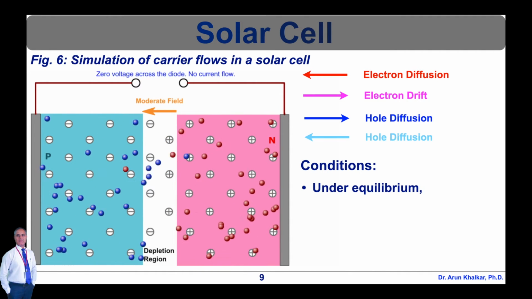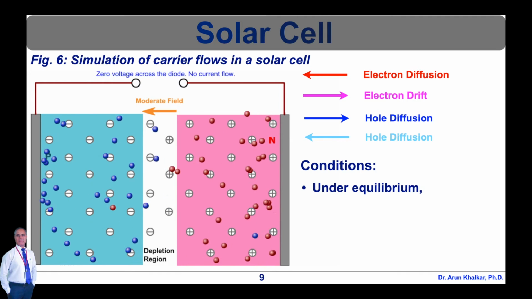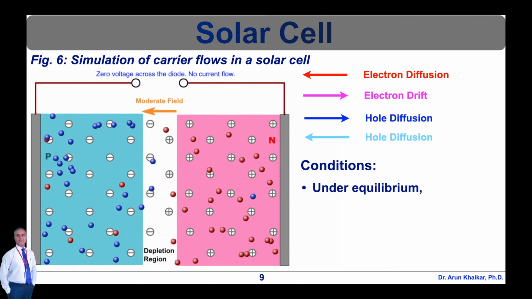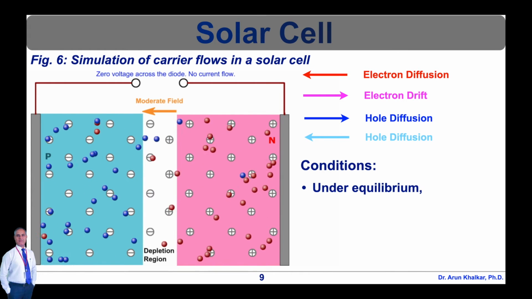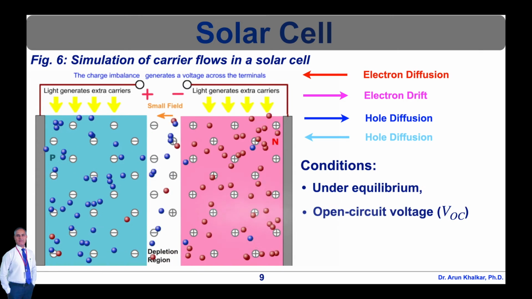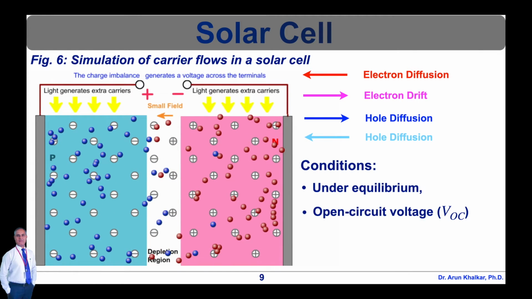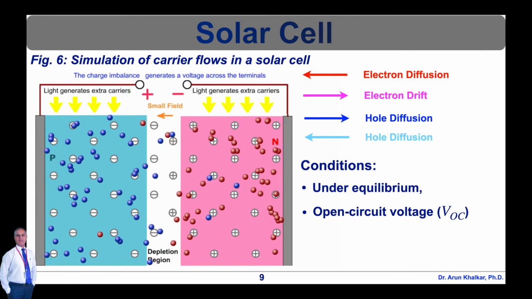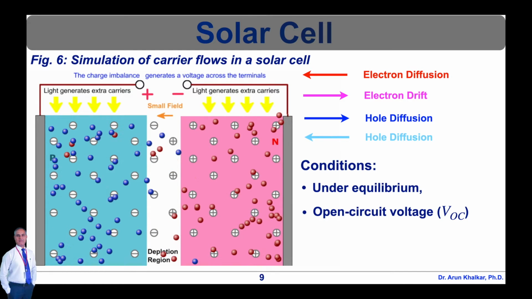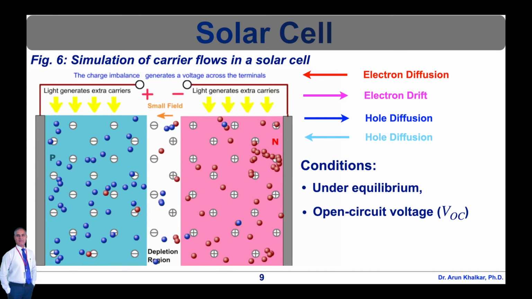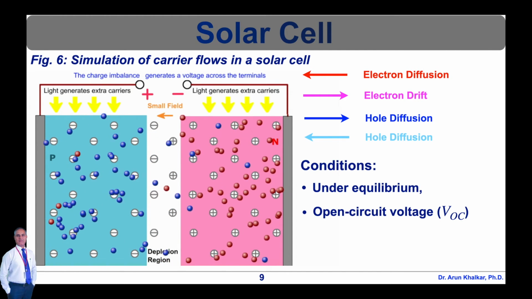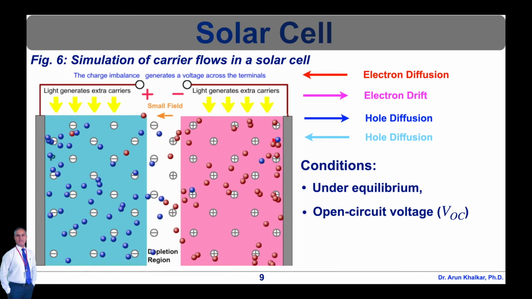This separation of charge creates an electric field at the junction which is in opposition to that already existing at the junction, thereby reducing the net electric field. Since the electric field represents a barrier to the flow of the forward bias diffusion current, the reduction of the electric field increases the diffusion current. A new equilibrium is reached in which a voltage exists across the p-n junction.